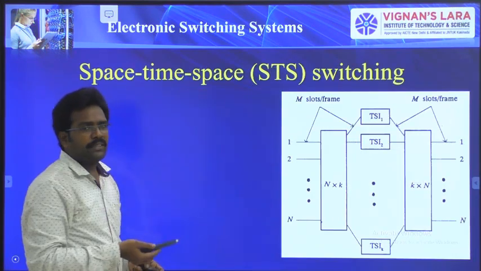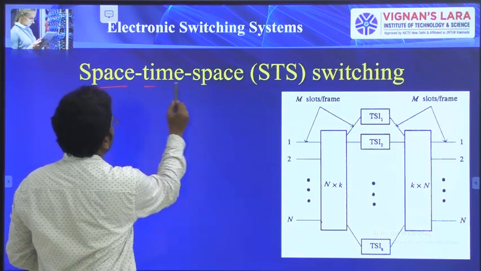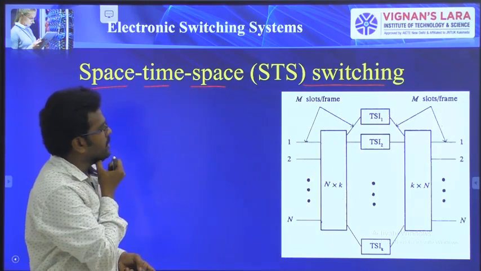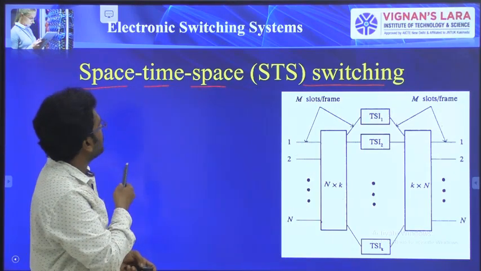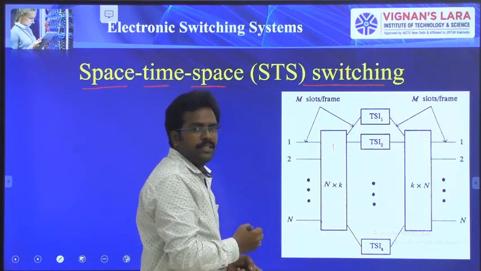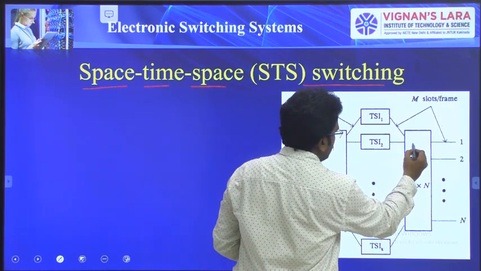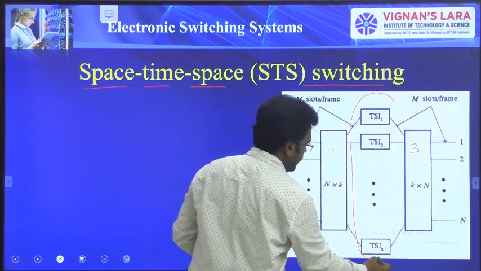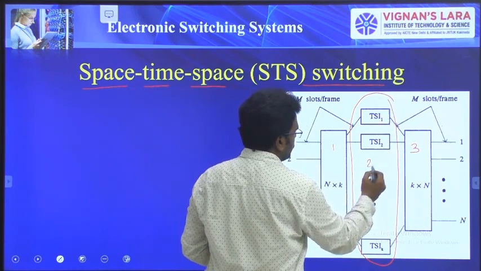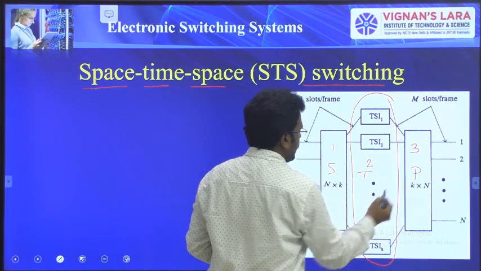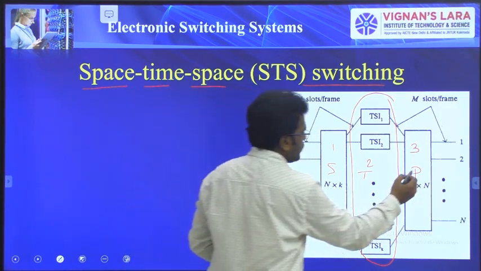The second method is space-time-space switching. In a space-time-space switch, the first stage is a space switch and the third stage is a space switch, and in between we use a time switch. So this comes under the STS structure.